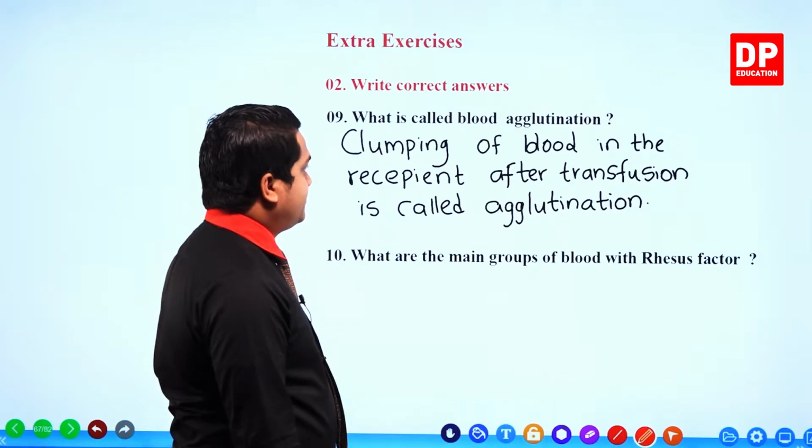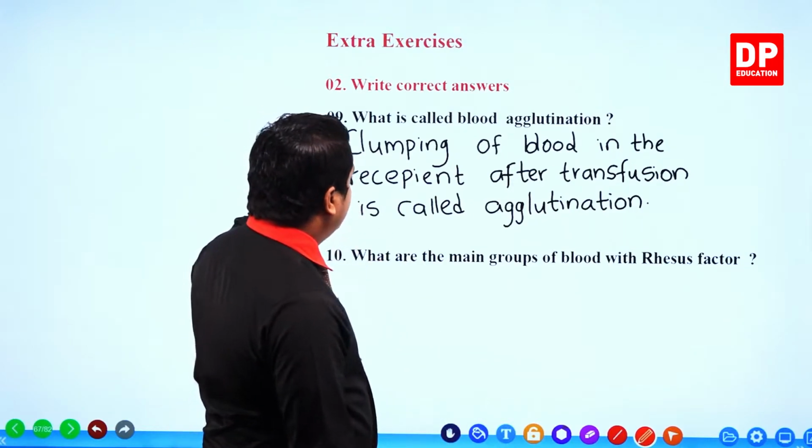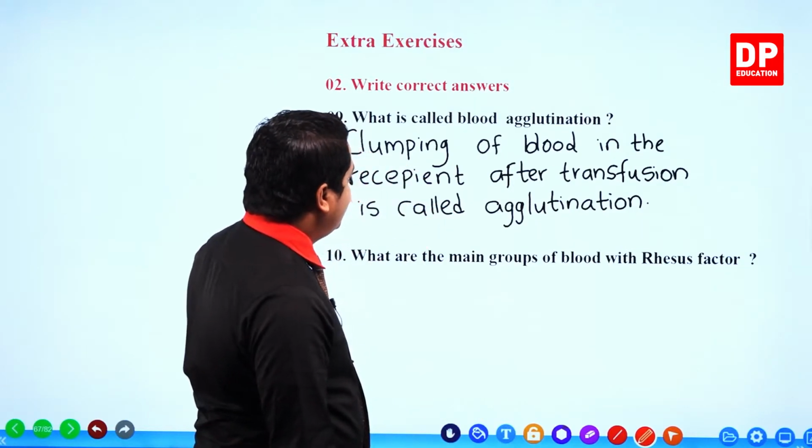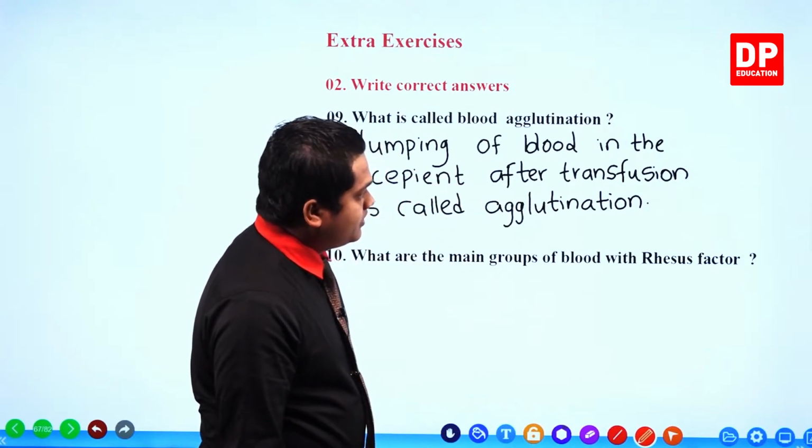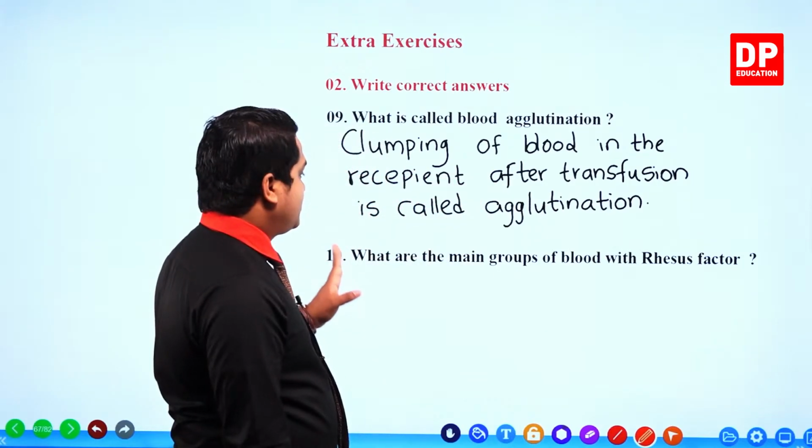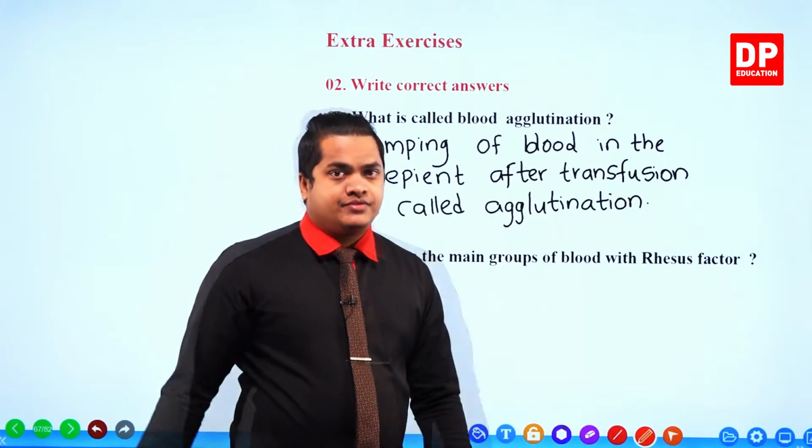So this is the answer for the 9th question, my dear children. Clumping of blood in the recipient after transfusion is called agglutination, right, my dear children?